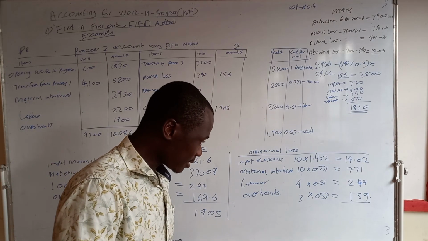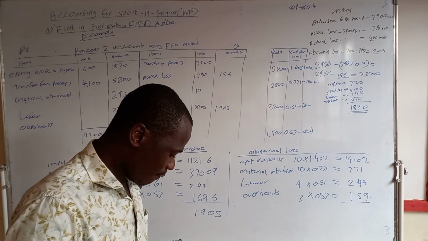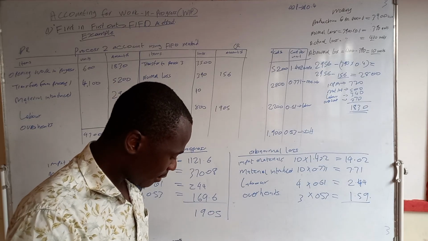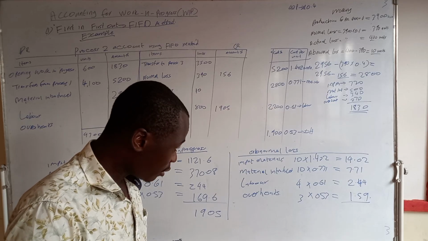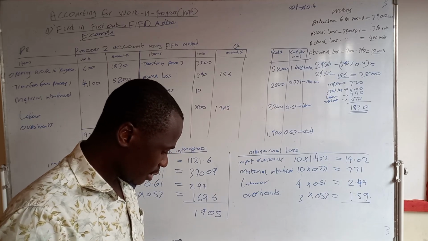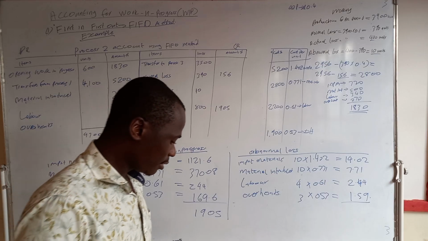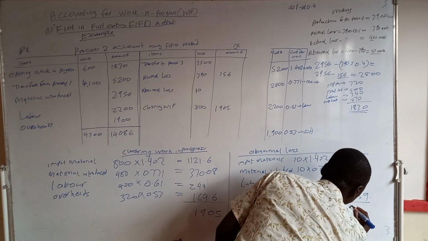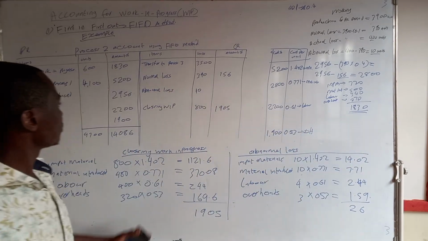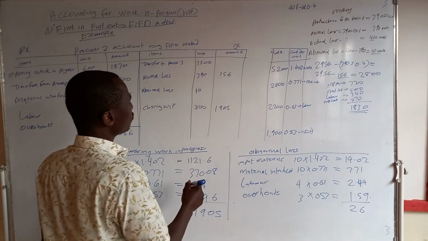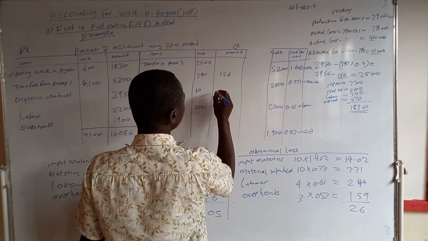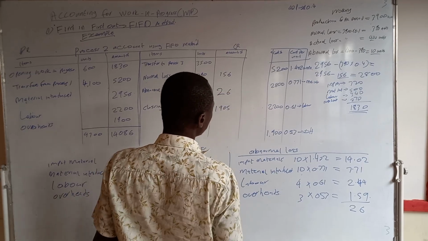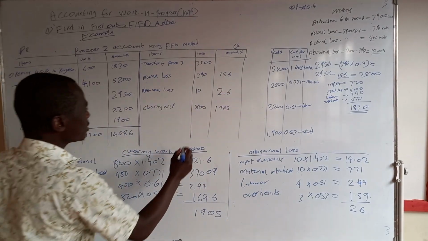The total is 1.59 plus 2.44 plus 7.71 plus 14.02. That gives us 25.76. Round it up to the whole number, that is 26. So our abnormal loss has a value of 26.